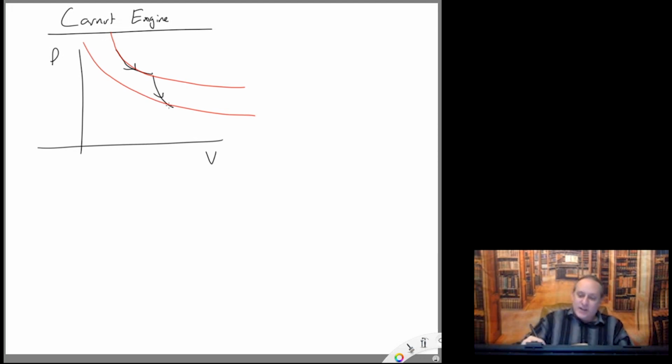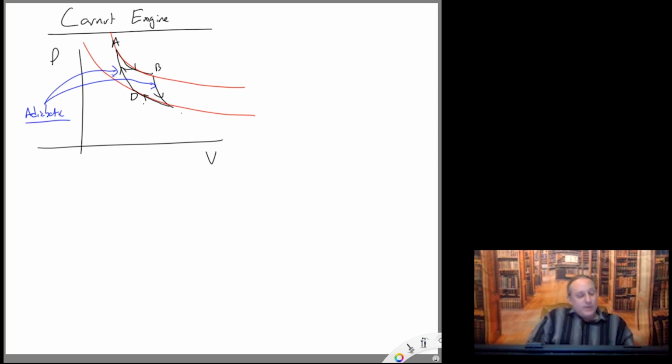Then it contracts isothermally, and then it has an adiabatic further contraction. So we have points A, B, C, and D, and these two are adiabatic.